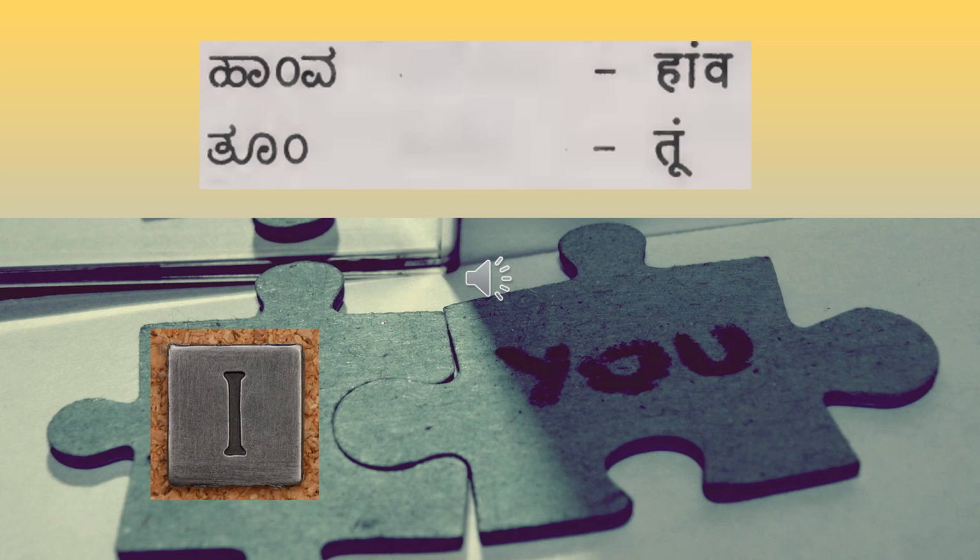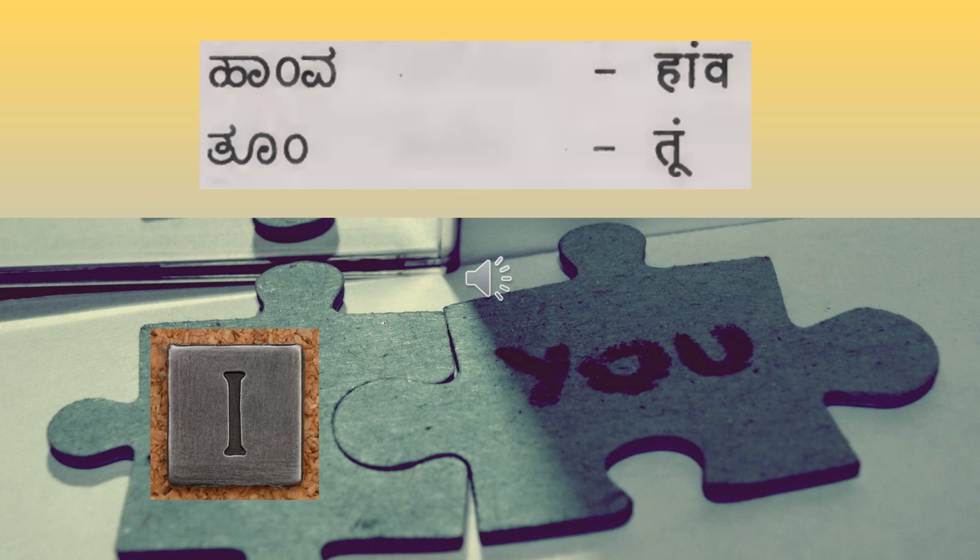The singular form of you is tu. Tu is you in singular form. How we use in Hindi, tum or neenu in Kannada. In Konkani it is tu, you. Tu Konkani shika, you learn Konkani.